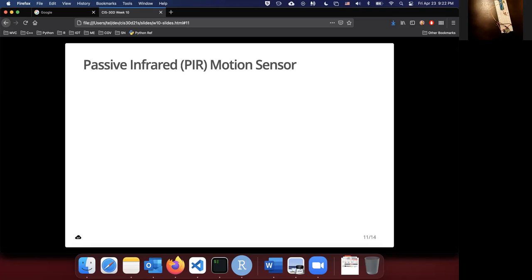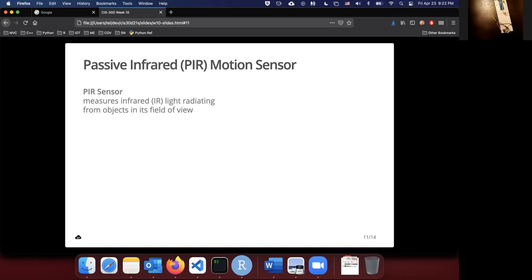It detects infrared to determine if there is a motion, an object that is moving around the sensor. Often this passive infrared is called PIR for short. The PIR sensor measures the infrared light radiating from objects in its field of view.